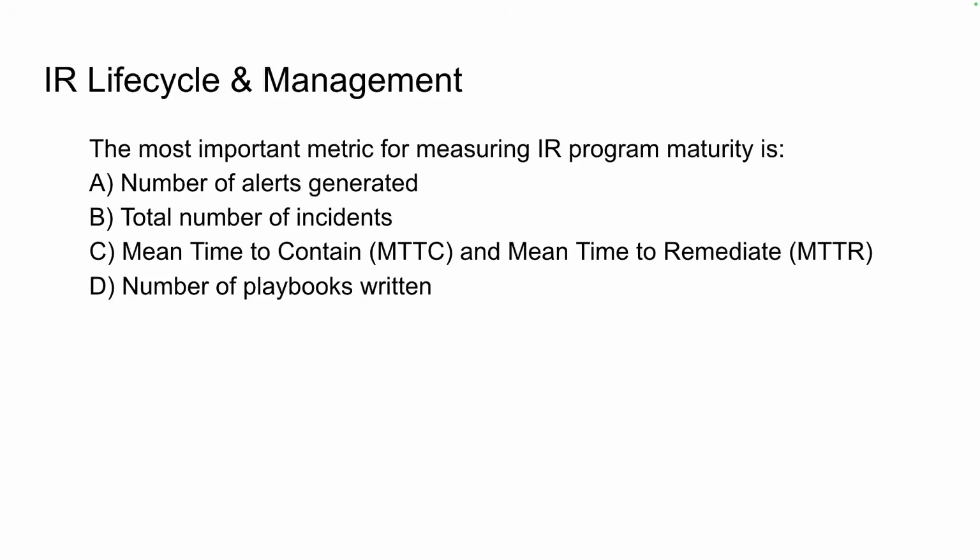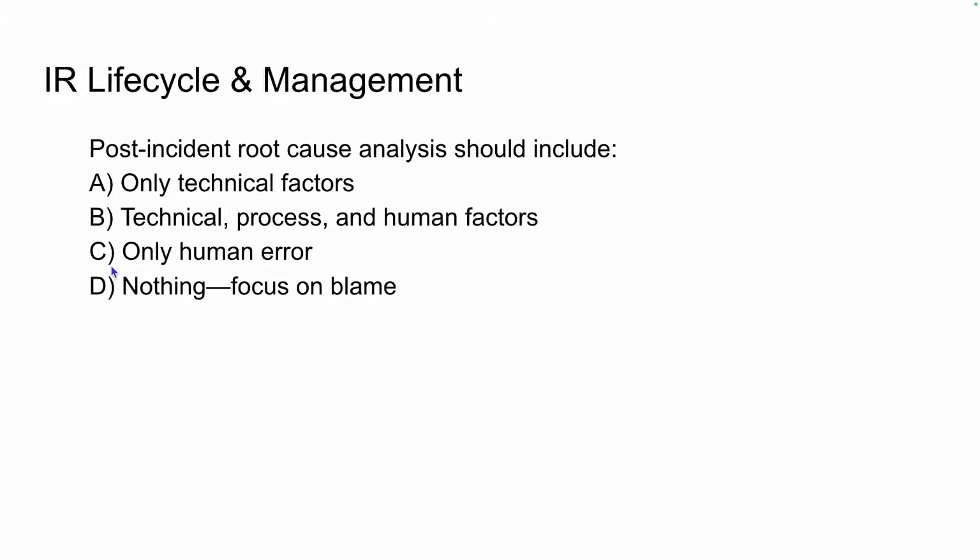The number of alerts generated doesn't really have anything to do with incident response. It's more of our SOC, Security Operations Center, environment. And the number of playbooks written is good. We should have good, comprehensive playbooks, but I wouldn't say it's the most important metric. So the most important metric would be the mean time to contain and the mean time to remediate, and that would be my answer.